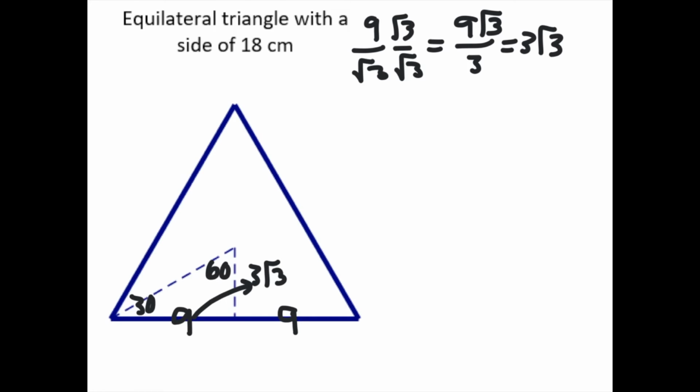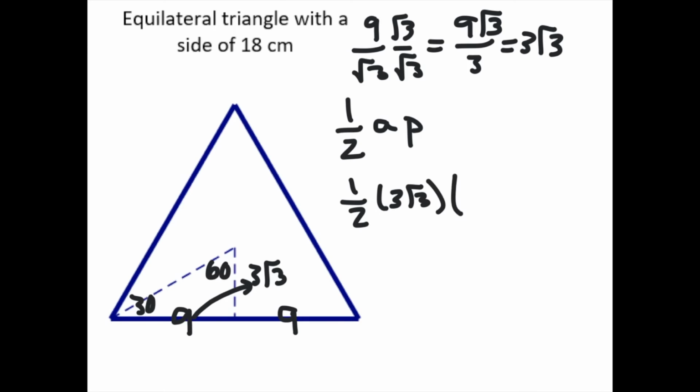We're all ready to go now in terms of calculating this. It's 1/2 the apothem times the perimeter. So the apothem is 3 root 3, and our perimeter happens to be 18 times 3. We're just going to multiply all that together to obtain the total area.